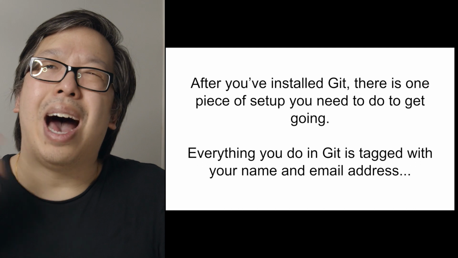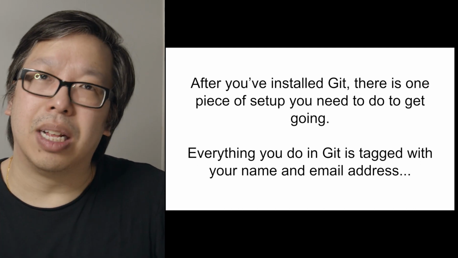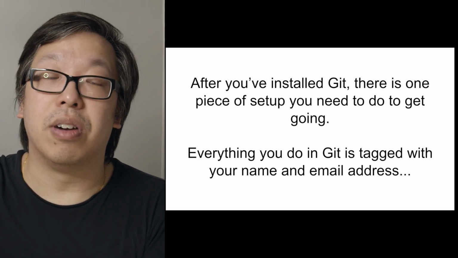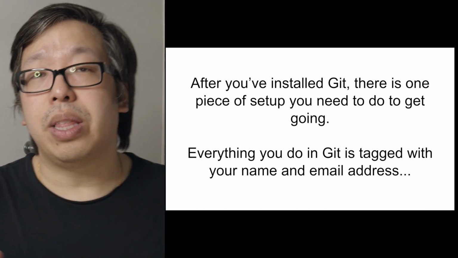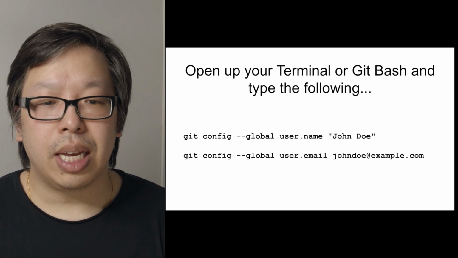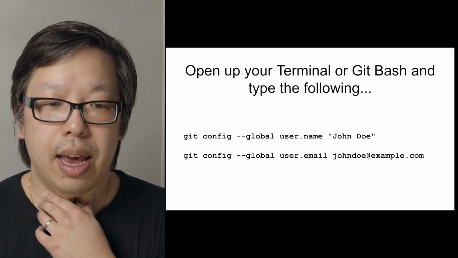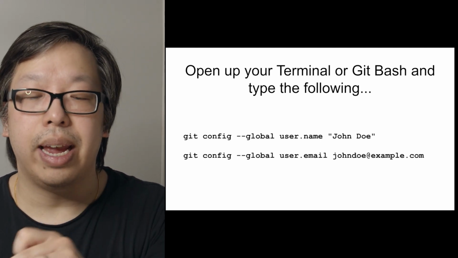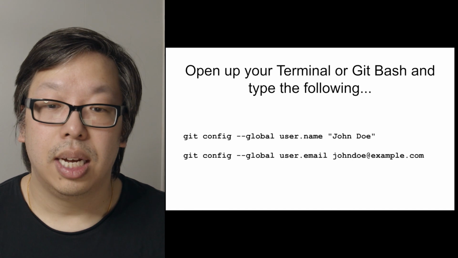So how do you tell Git what your name and email address is, and then from that point on, tell it to use this name and email address forever? This is something that you configure on your system. You just type this command here. You do git config --global user.name and then your name in quotation marks.